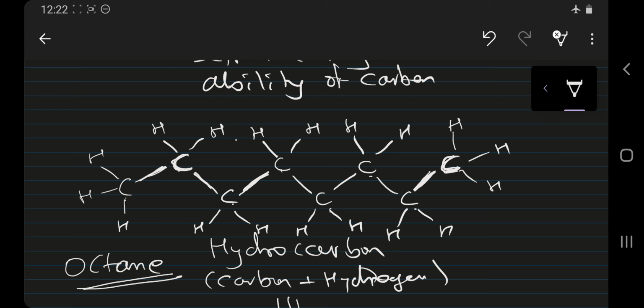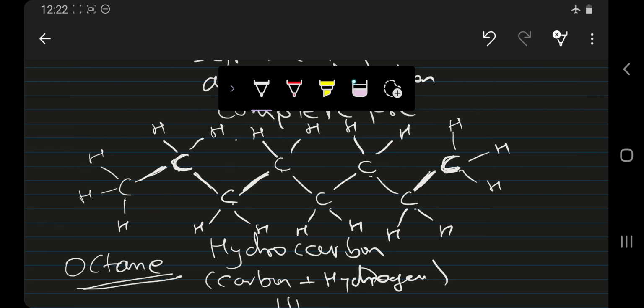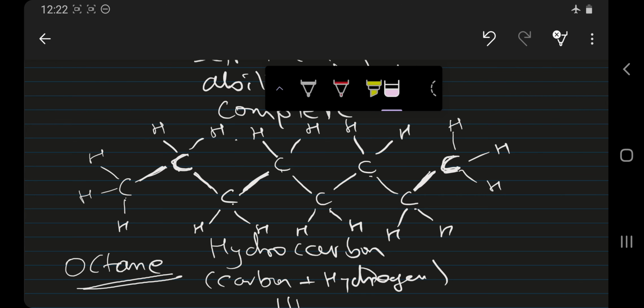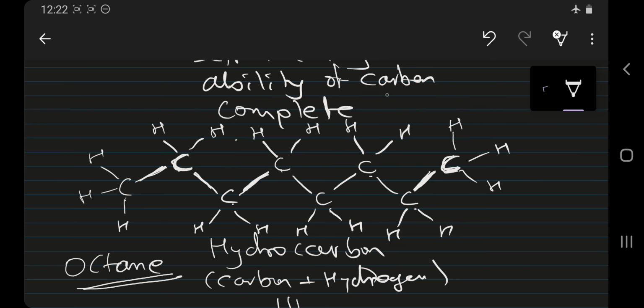This molecule, octane, that I have shown is the complete structural formula, the complete structure.